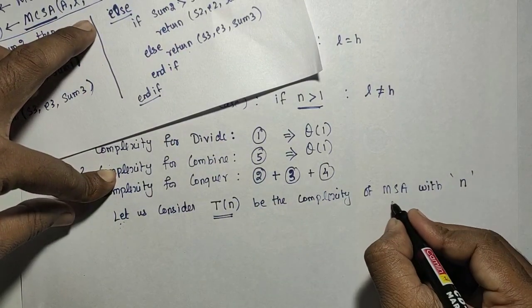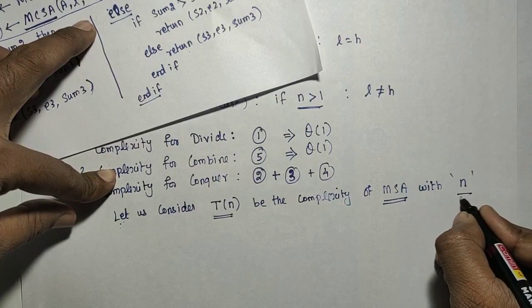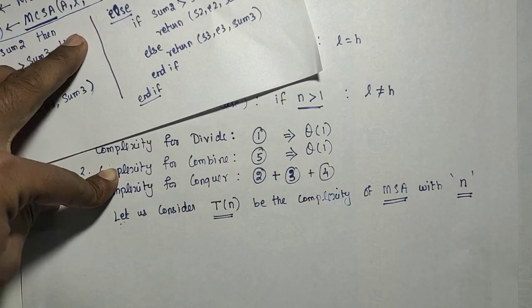So T of n is the complexity for size n. Correct? So like that we have taken.